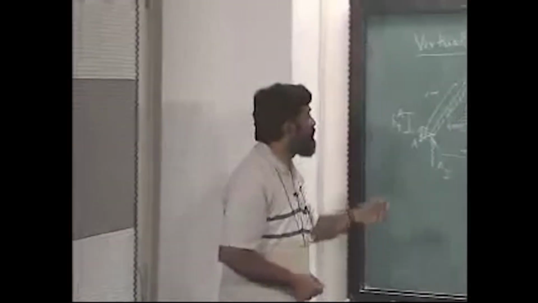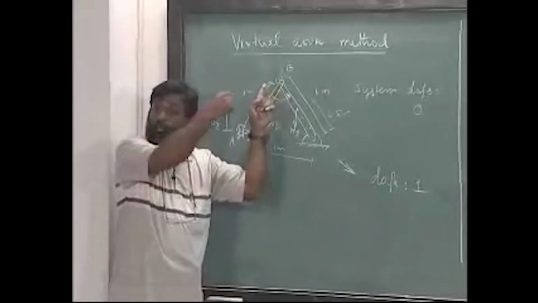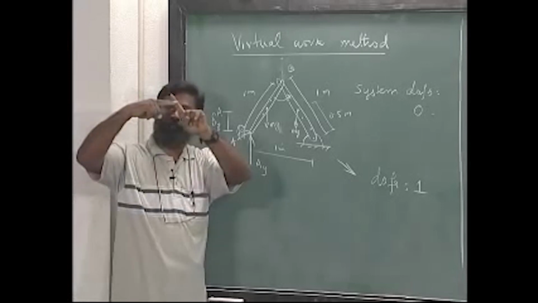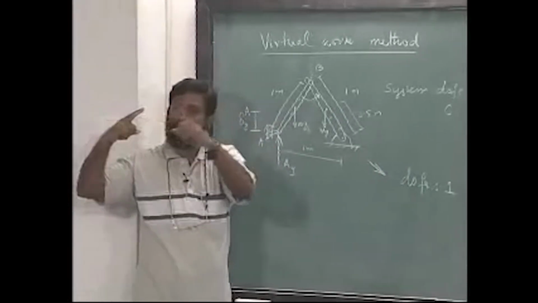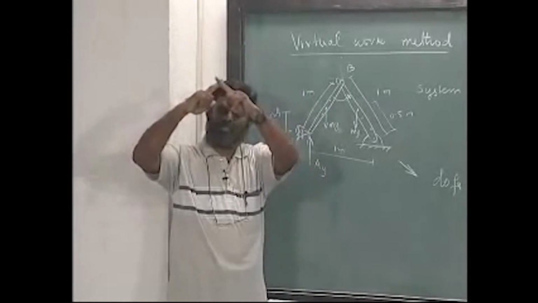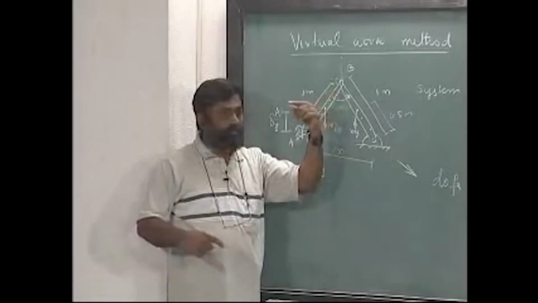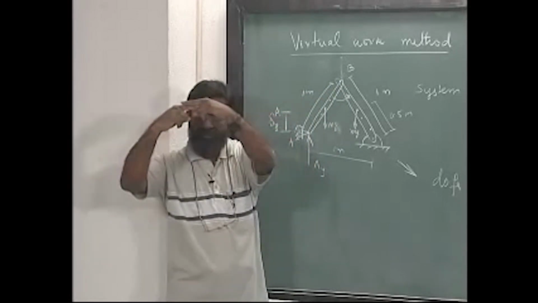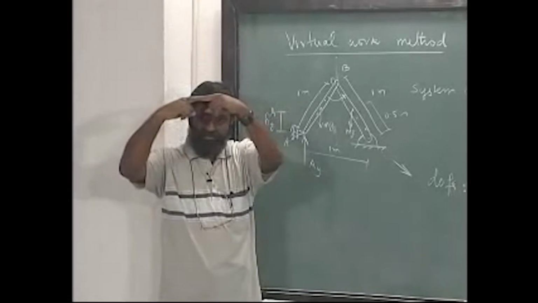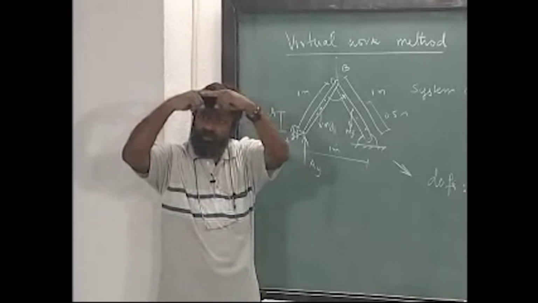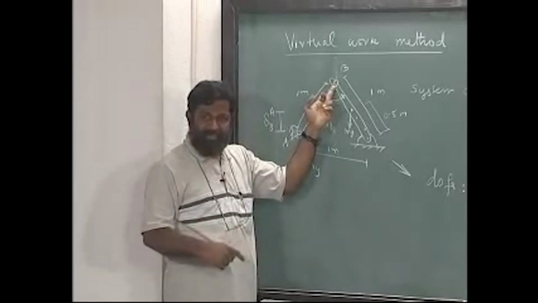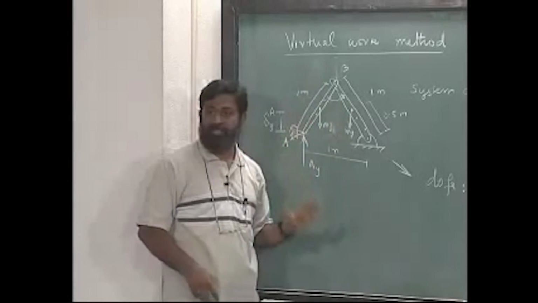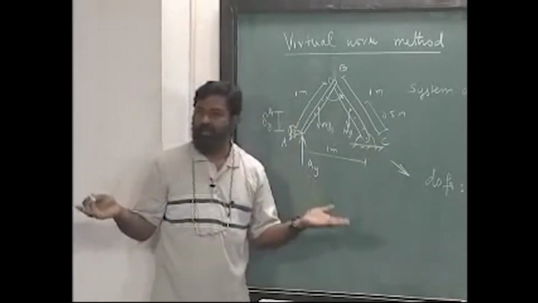Please remember, only when I remove the pin that joins the two bars will I reveal a force and an equal and opposite force that are internal to this joint B. The moment I have one force and another opposite force and there is a displacement, the net force is equal to 0. In other words, it does not matter what reaction the bar AB offers on BC. I will not have to bother about it.